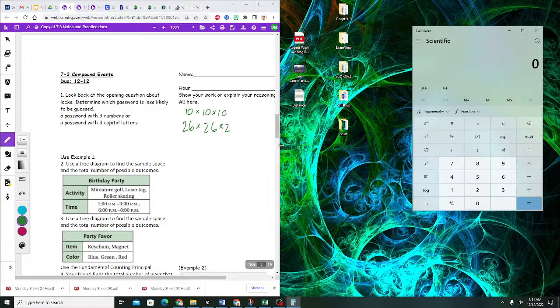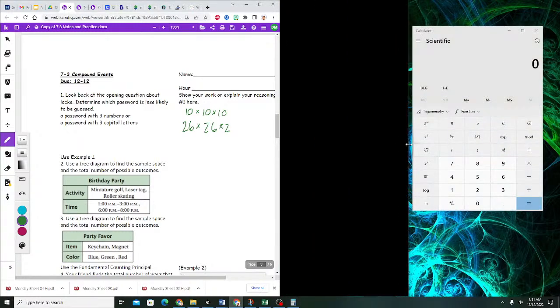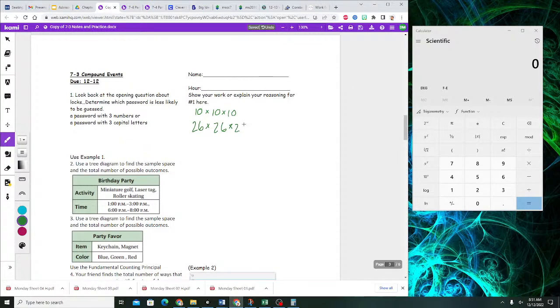Hopefully you would realize without doing the math that 26 times 26 times 26 is bigger than 10 times 10 times 10. But in case you can't, 10 times 10 times 10 is 1,000, and 26 times 26 times 26 is 17,576. So a password with 3 capital letters is the better password system.